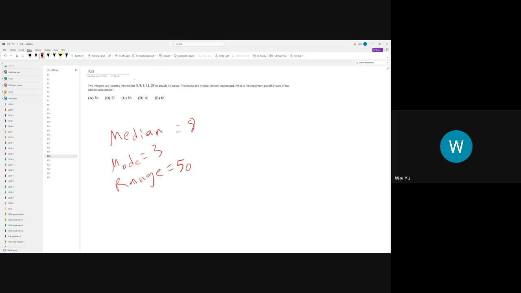Okay, so first let's try some ideas. So to make the range 50, we can try inserting two numbers whose difference is 50 to the left and to the right. And this will keep the median 8. So we just have to keep the mode 3.